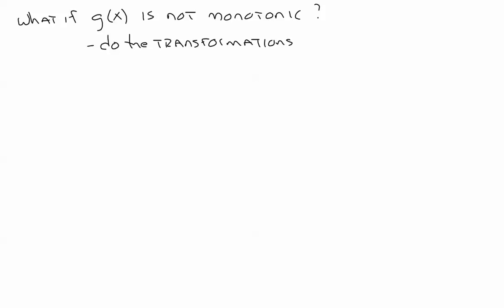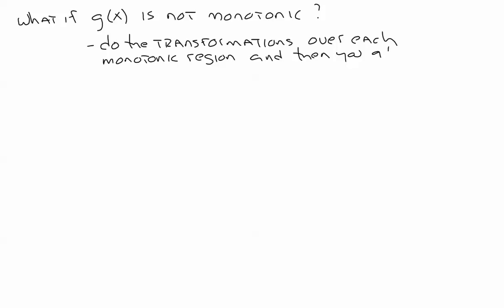So you do the transformation over each monotonic region, and then you add the results. That's basically it. All right?